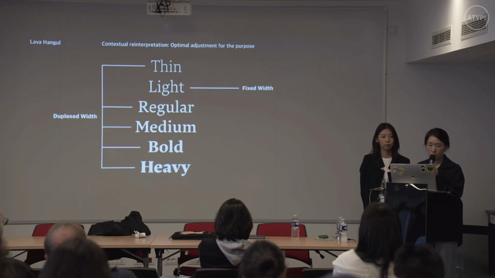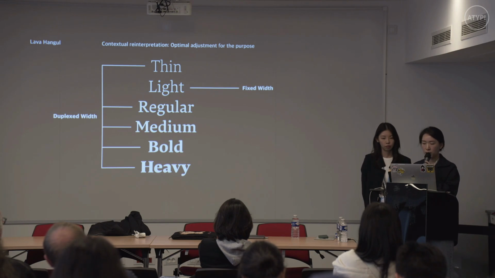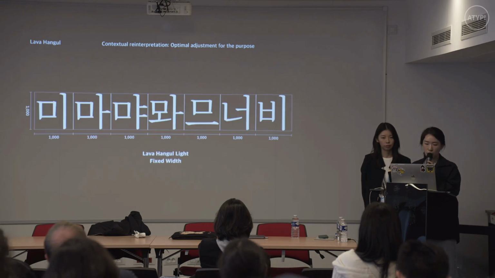Along with the weight, the width is also meticulously planned in Lava Hangul. All weights have duplex width except the light, which is fixed width, because fixed width is preferred in book editorial design in Korea, and Lava Light aims for long text setting.